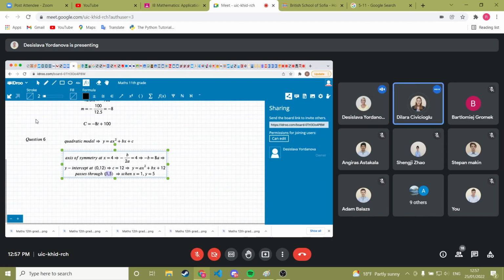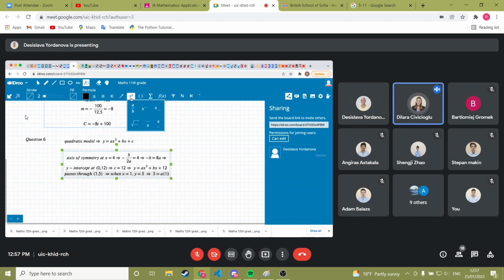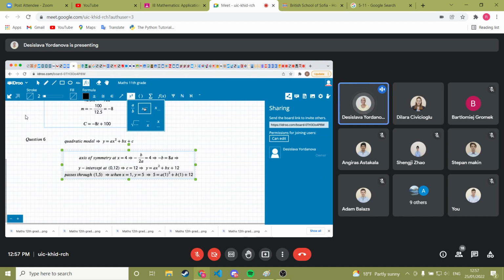So we will need to substitute 1 and 5 in the equation from the previous line. 5 equals a times 1 squared plus b times 1 plus 12.